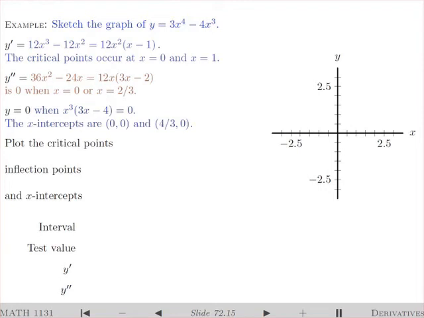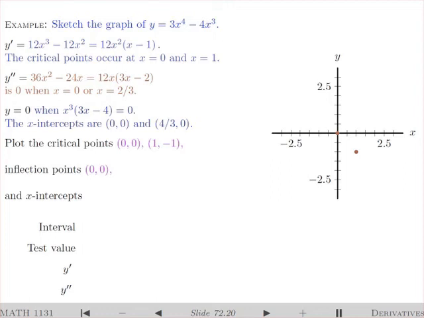So (0, 0) is a critical point, a point of inflection, and also an x-intercept. The other critical point occurs when x is 1. If x is 1, y will be 3 minus 4, or negative 1. So those are the two critical points, (0, 0) and (1, negative 1). It's an inflection point at 0, so that's (0, 0).